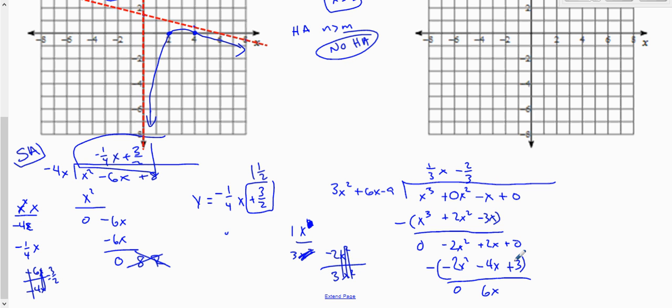Oh yeah, 2/3 of 9 is 6, not 3. So 0 minus negative 6 is positive 6 down here. In this particular area, it didn't matter because this is our remainder and is unnecessary. We are looking at the expression up there for our equation. So y equals 1/3 x minus 2/3.